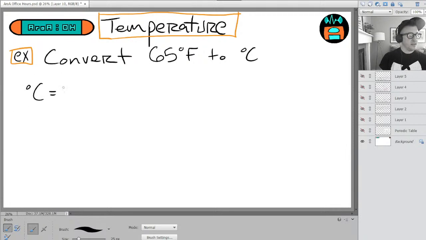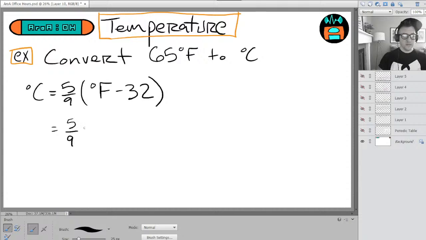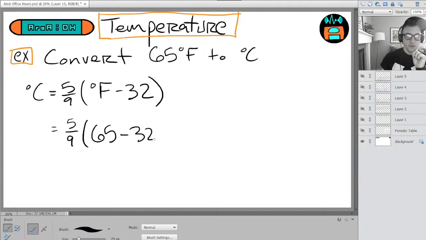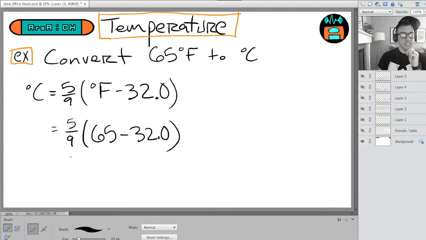So degrees C is equal to 5/9 times the temperature in degrees Fahrenheit minus 32. All right, so this equals 5/9 times our degrees Fahrenheit, 65 minus 32.0. Sorry, I forgot that up here.